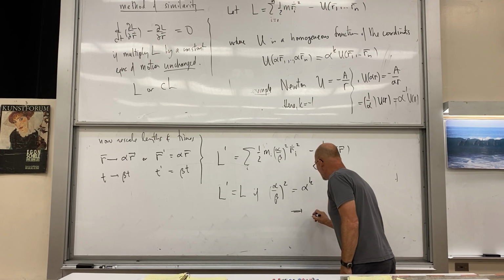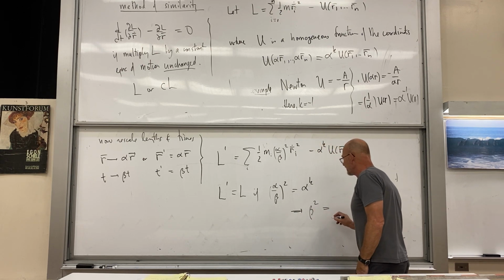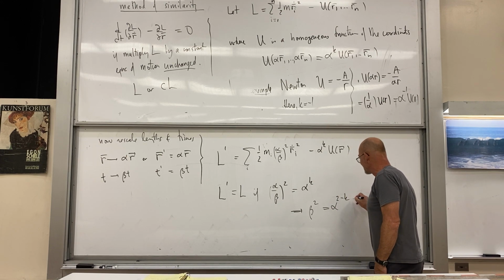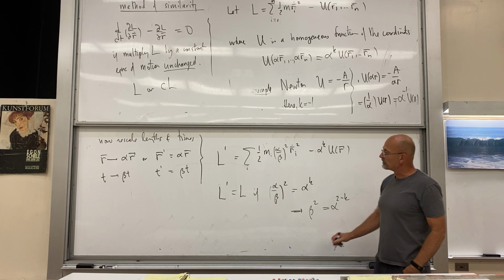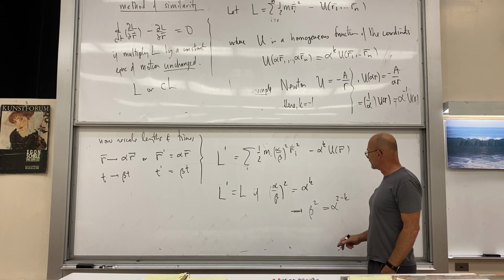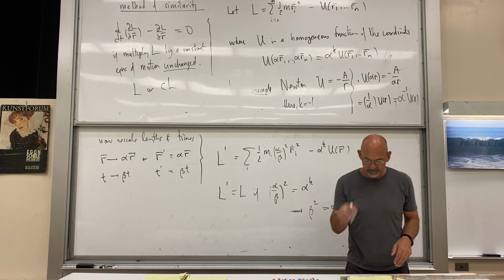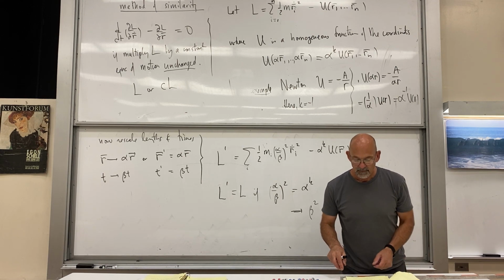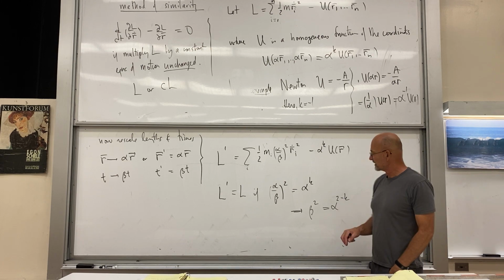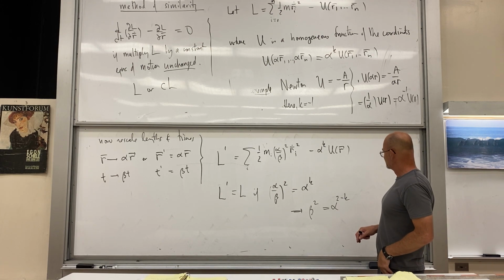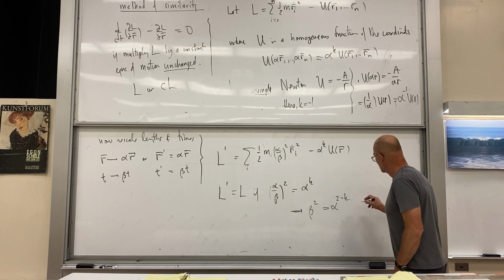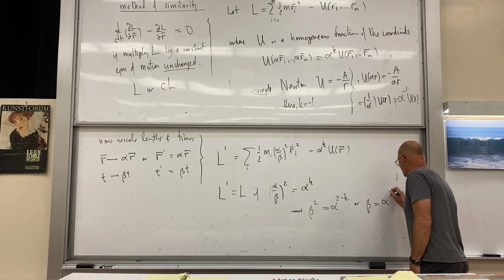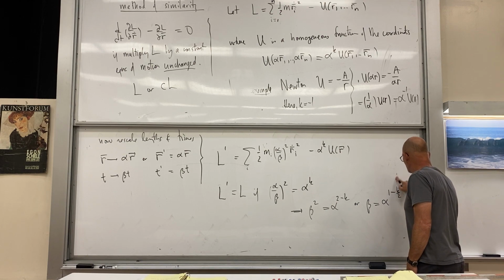That means beta squared is equal to alpha to the 2 minus k. Or finally, beta equals alpha to the 1 minus k over 2.